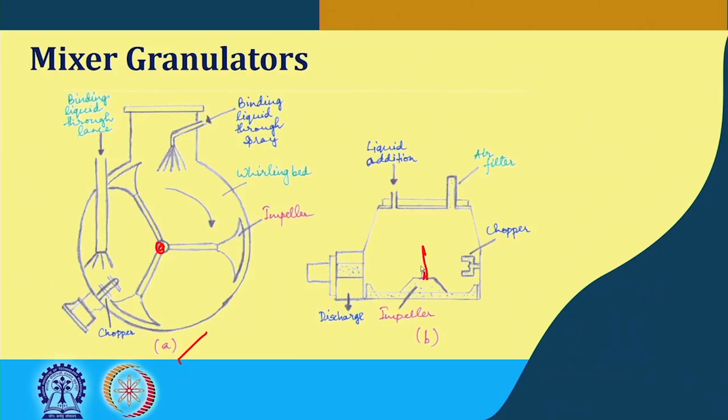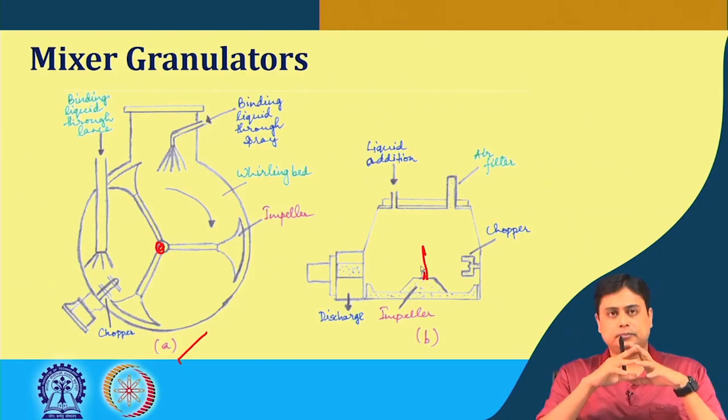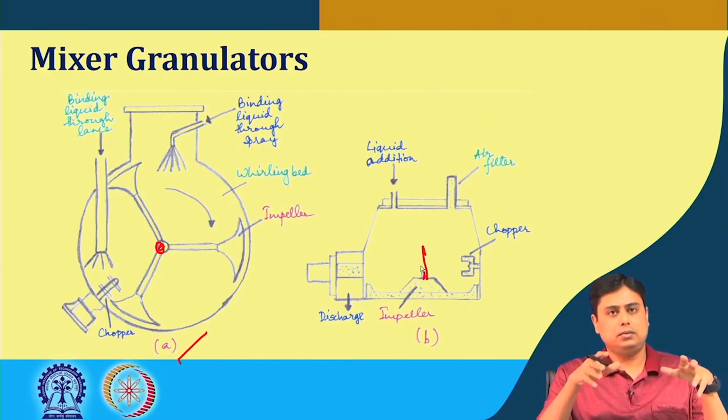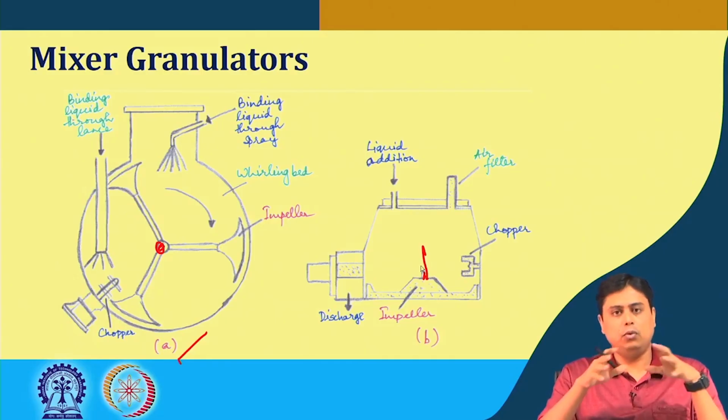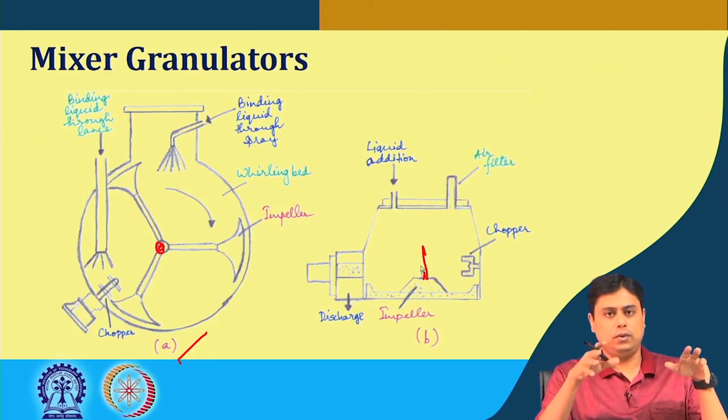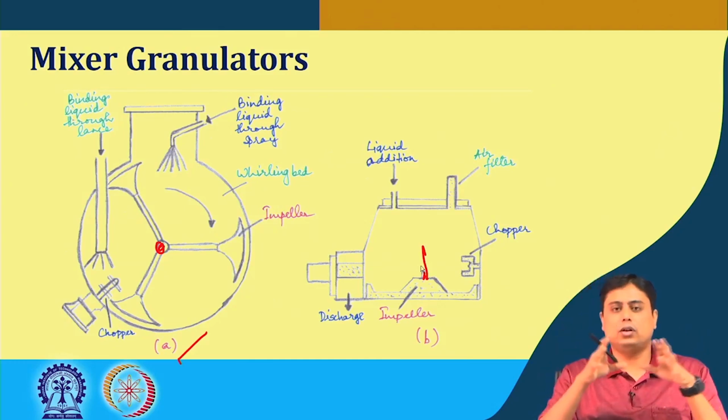The impellers give the motion, and the granulation happens. This can be operated in a range of RPMs from low to very high, say from 100 RPM to as high as 3000 RPM.